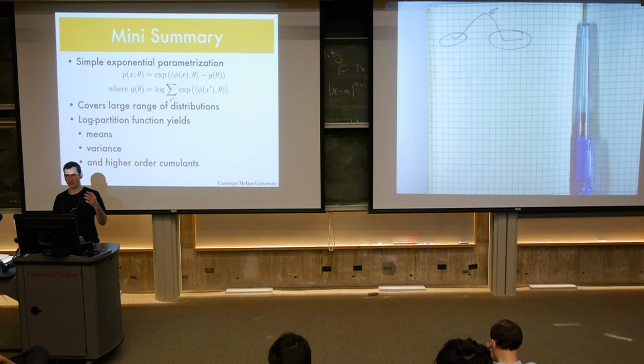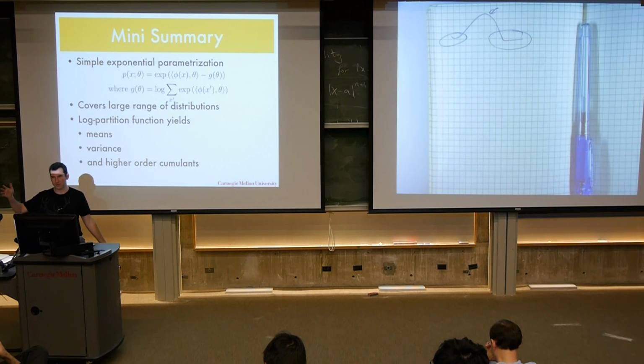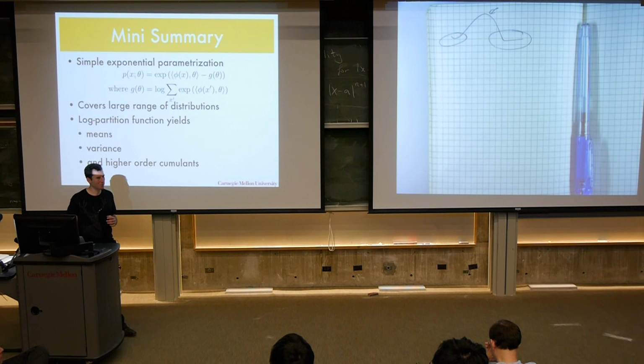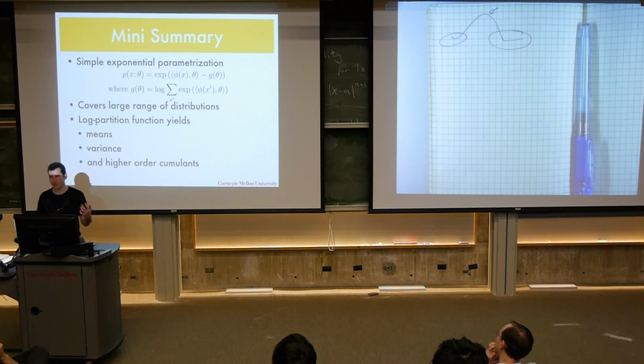And then you have e to the phi of x dot theta, and this actually does cover a ridiculously large class of distributions. The reason why I said the answer is probably no is because in this case, computing g of theta is essentially hopeless, because you'd have to solve an infinite dimensional integral over the entire domain, and you usually cannot do this.